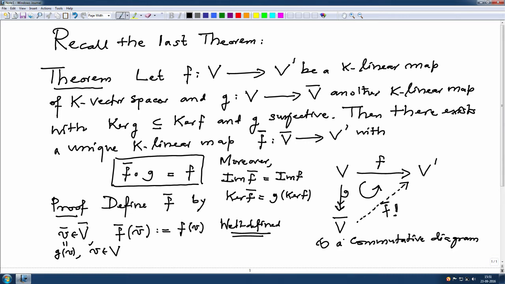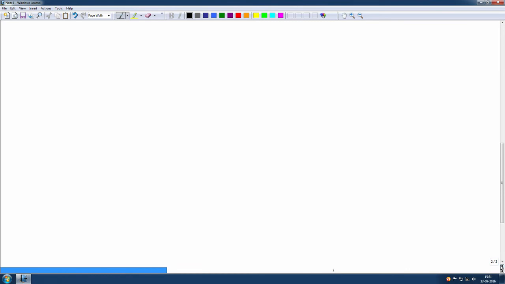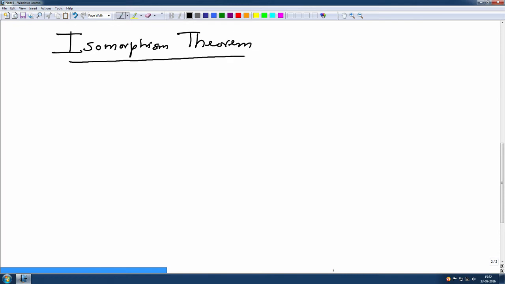Okay. So, the first one, now this is usually known as the isomorphism theorem. So, from a given linear map we want to get an isomorphism.